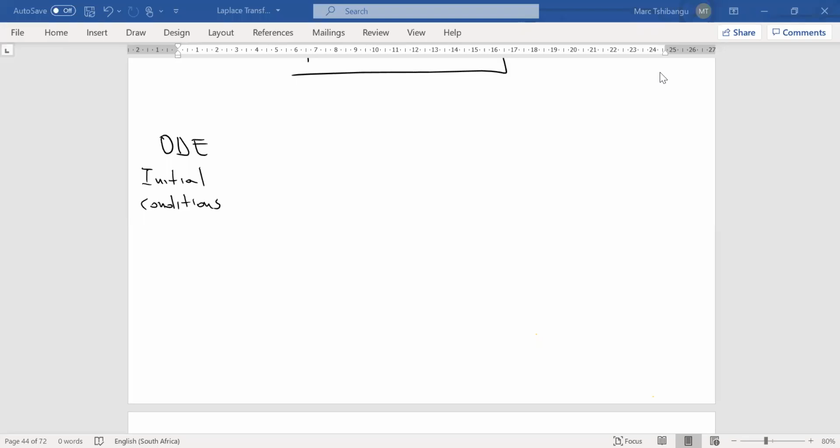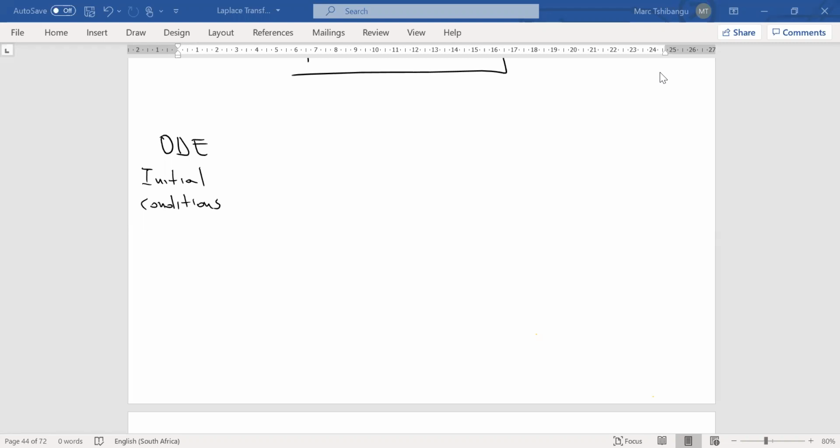All right, so I'm going to give you the general procedure for solving an ordinary differential equation using Laplace transforms. Normally we would go from the t domain, or time domain, to the Laplace domain. That's what it means, solving an ordinary differential equation using Laplace transforms.